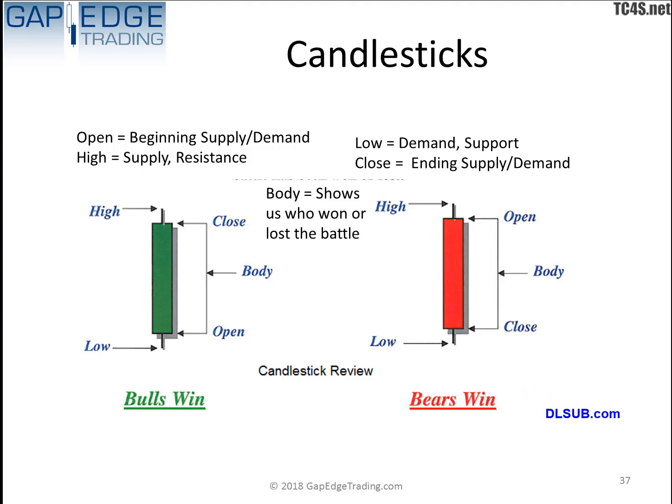And the demand won, the buyers took over, took control, they bought the price up. Now to the right, we have where the bears win, where it opens at the high and it closes in that time frame at the lows. So telling us that supply is overtaken, sellers were winning on that time frame. Okay, so bulls win green, bears win red. Alright? Red, green.